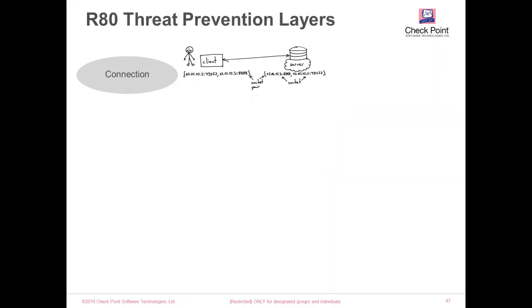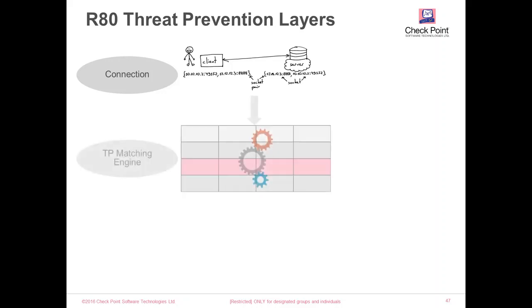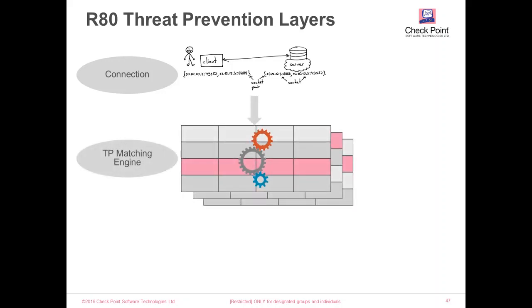Now, in R80, when using multiple layers, the traffic matching works in the following way. We have our connection, we have our TP matching engine. The traffic is being inspected in all the layers from a top-to-down approach at the same time.